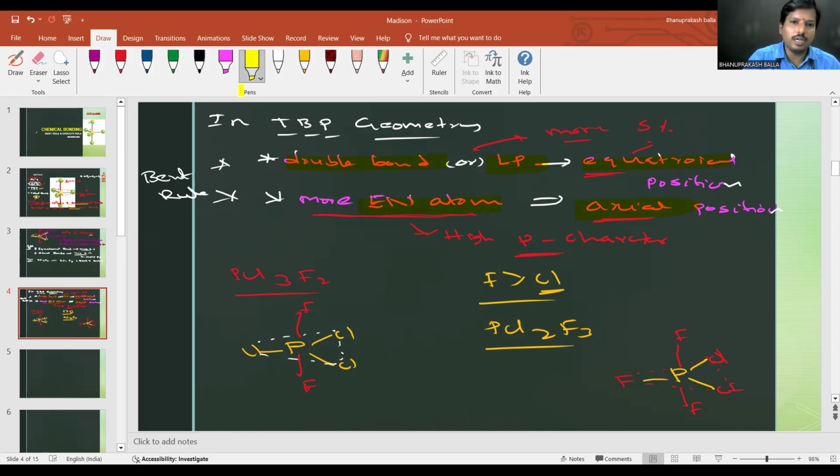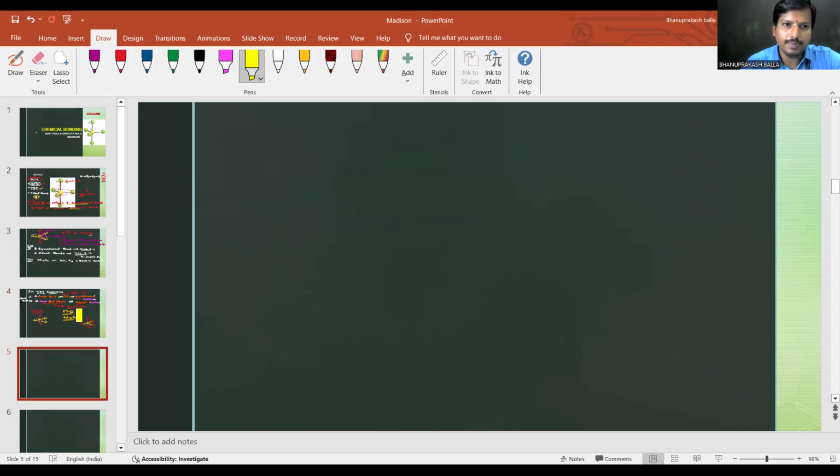From an examination point of view, the applications of the Bent rule are important, both for Mains and Advanced. We want to discuss what the applications of the Bent rule are. So just let me go to the applications. In that, this point is very important: more p character, bond energy will decrease.